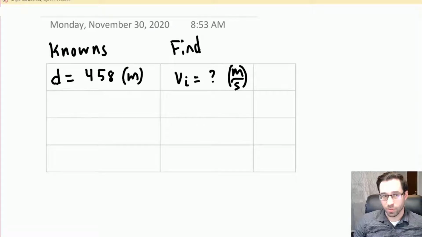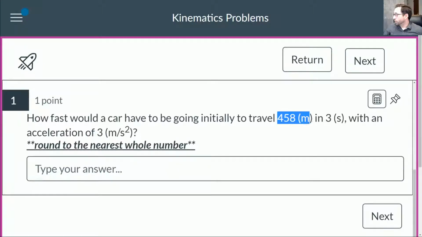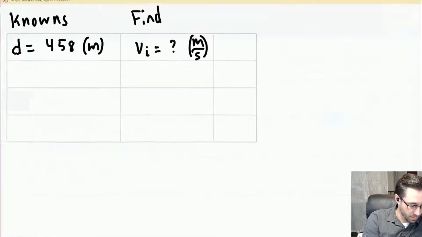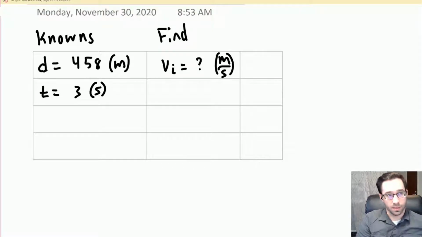Let's switch back to here. All right, so that takes care of the 458. Then the 3 seconds, the unit of seconds is obviously time. So if I switch back over here, time is going to be 3 seconds.